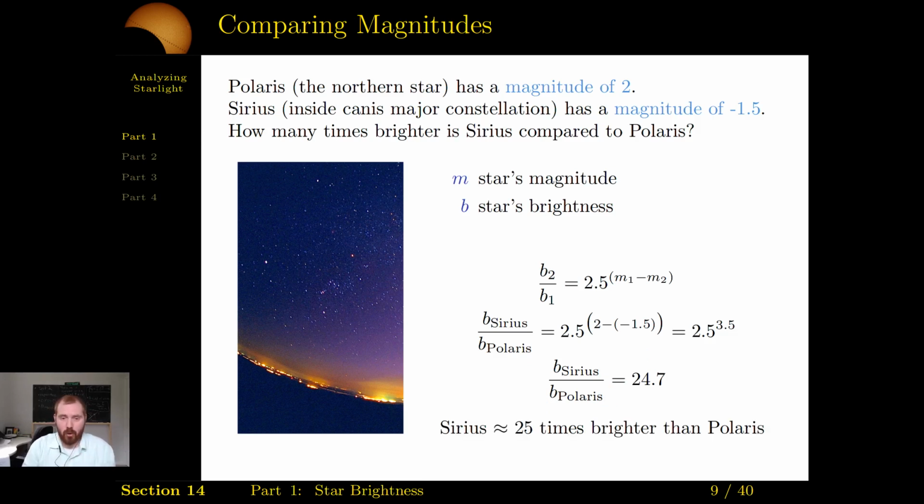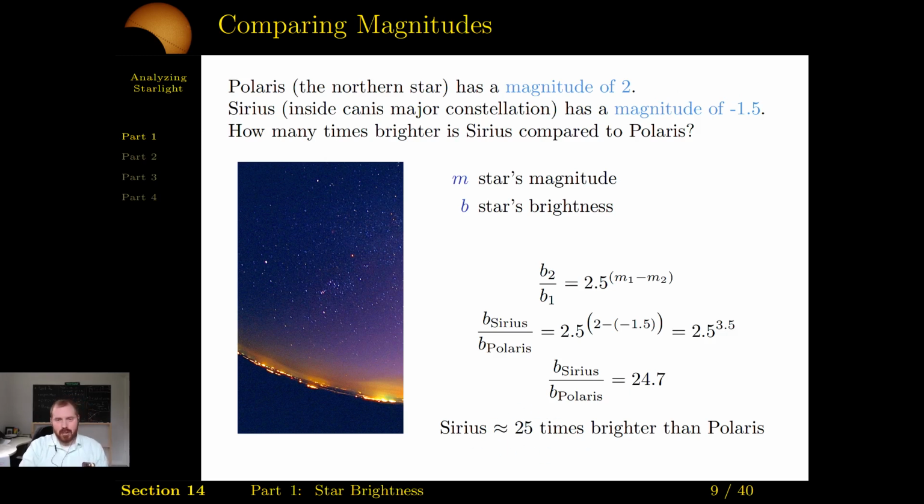Or another more straightforward way to say this: Sirius has a magnitude of minus 1.5, Polaris is magnitude 2, and Sirius is about 25 times brighter than Polaris. So the emphasis: magnitude is just a different way to describe the brightness of the stars.